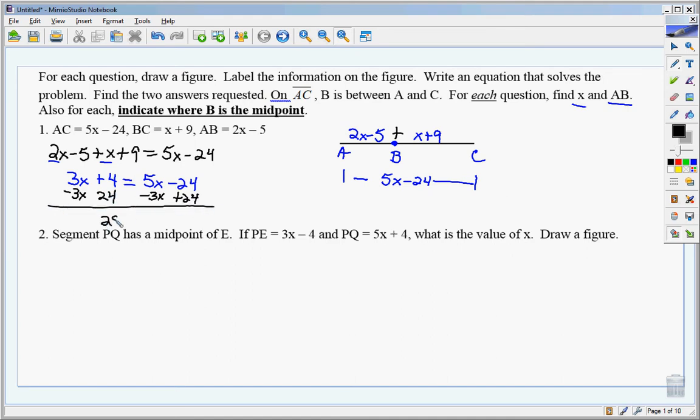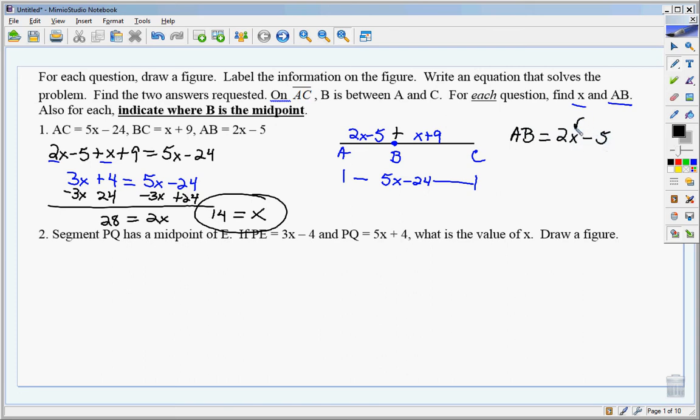I now have 28 is equal to 2x, and when I divide both sides by 2, I get x equals 14. There is part of my answer. If I plug 14 back in to find AB, AB is supposed to be 2x minus 5.